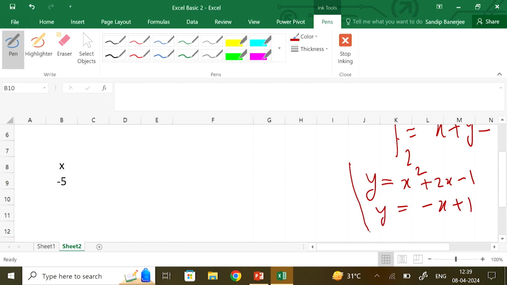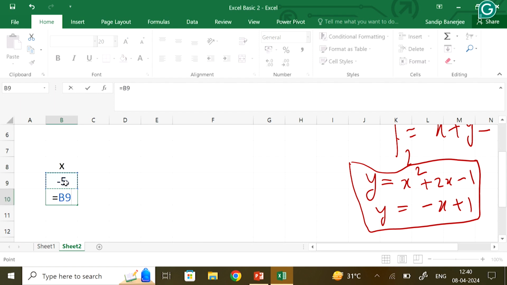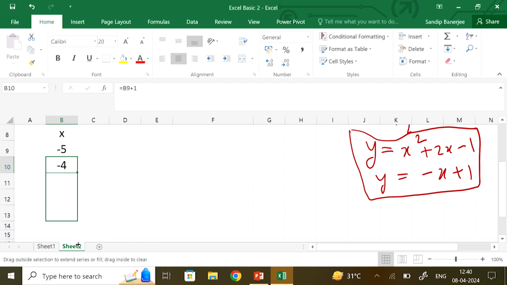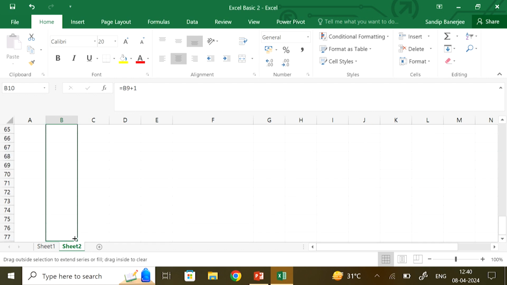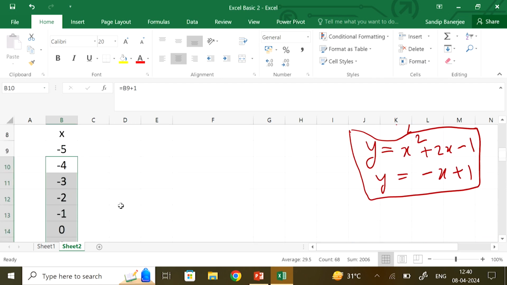So, those two equations are rewritten like this as a function of y. I put x equal to -5, and in this cell I will just add plus 1, and I will drag this a little, say up to 10-20 values.